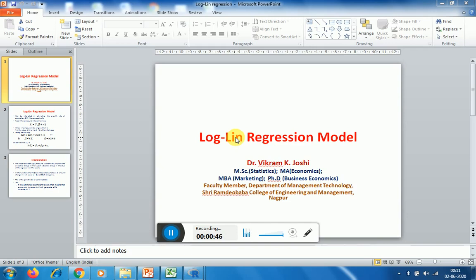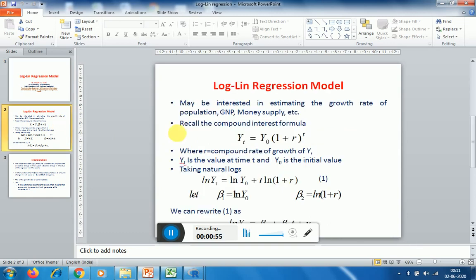Such models are used when we are interested in estimating growth rates. For example, the growth rate of population, the growth rate of GNP, that is gross national product, supply of money in the market, etc.